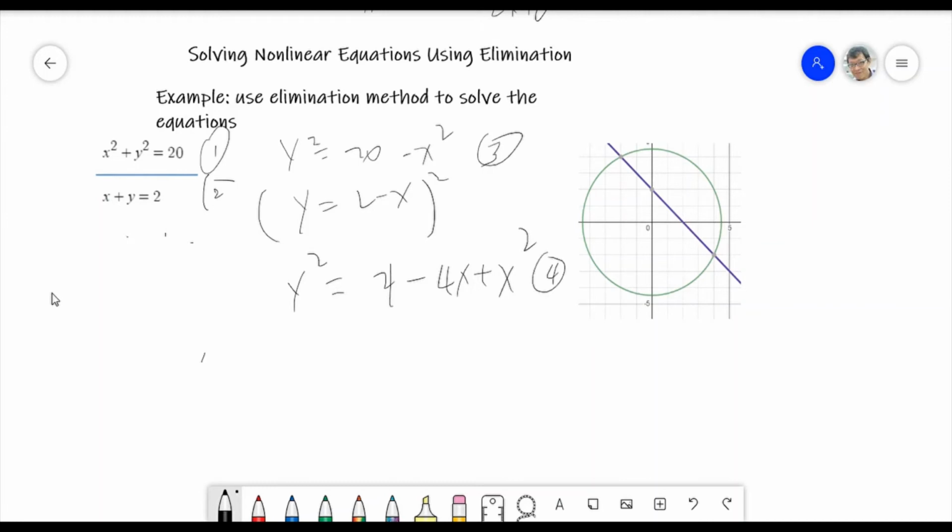So equation 4 minus equation 3: the y squared terms cancel, so 0 equals 4 minus 20, which is negative 16, then minus 4x, and then x squared plus x squared is 2x squared.